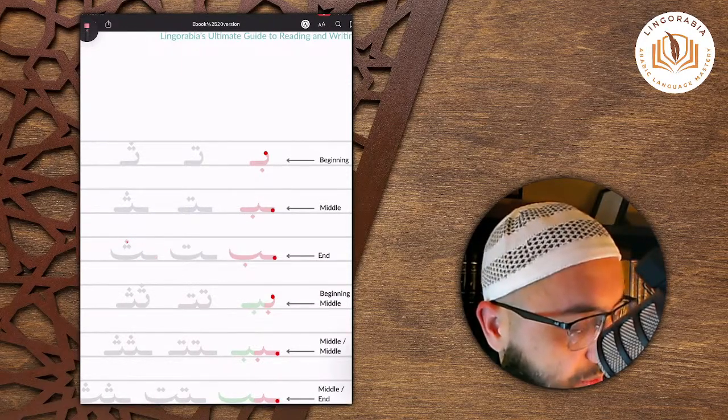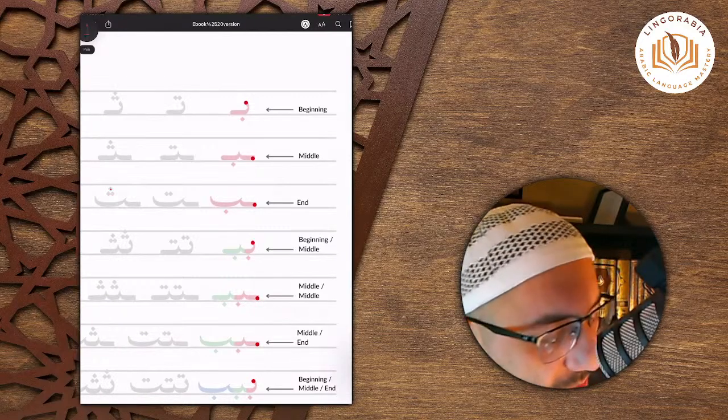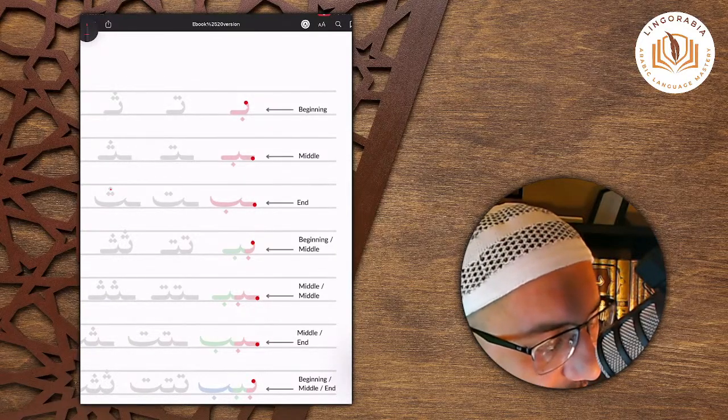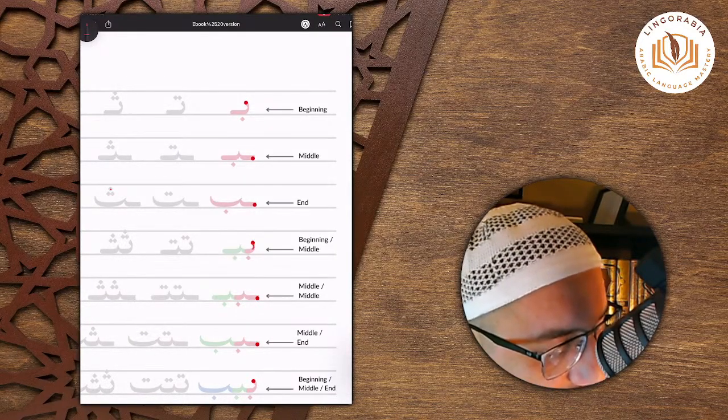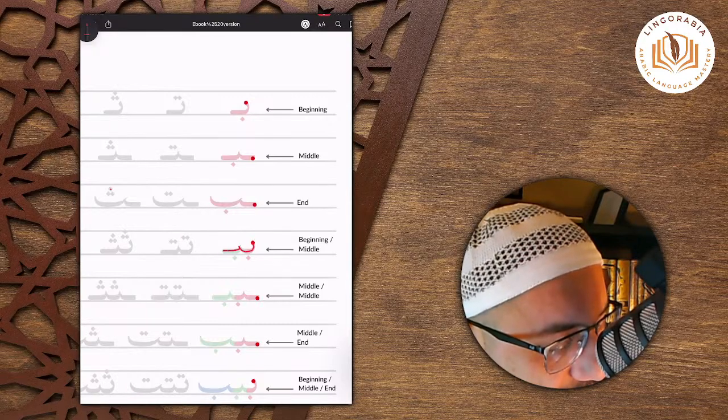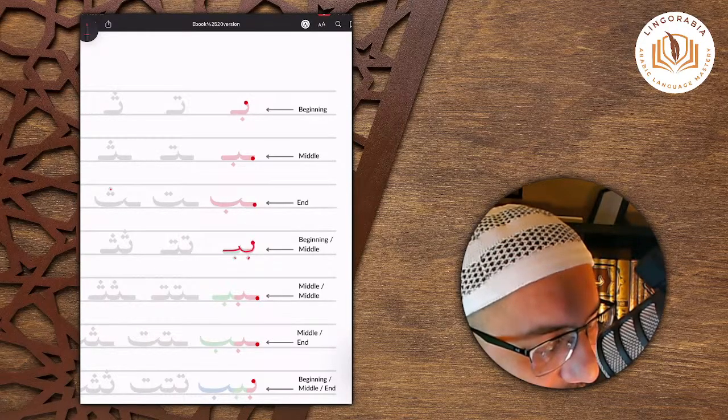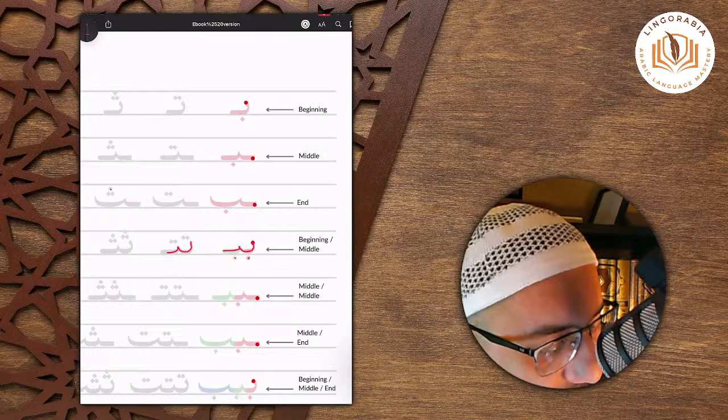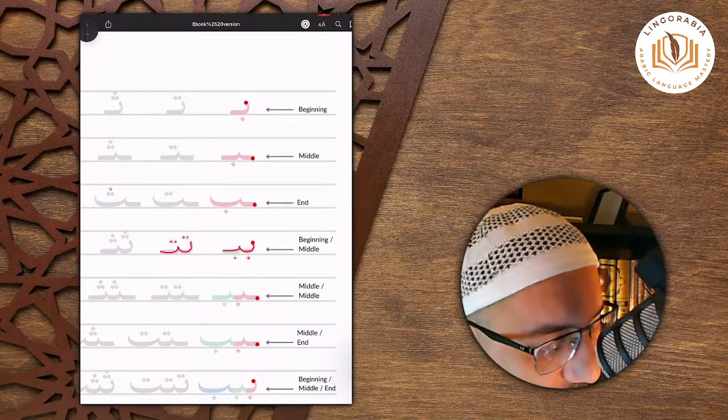You got similar letters, but now what you see here is they are in the middle of a word. 2 bas in the middle. And we got here 2 tas in the middle of the word. 2 thas in the middle of a word.